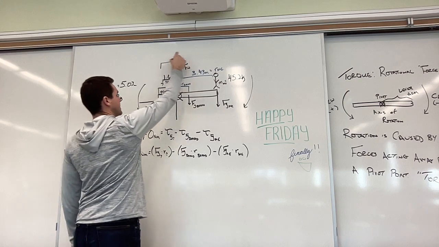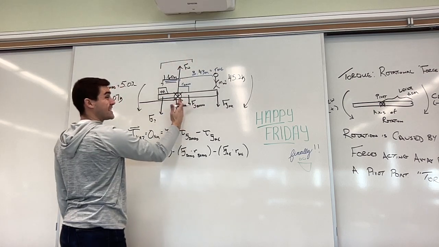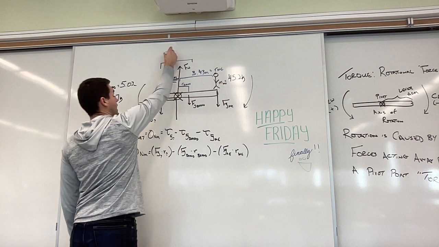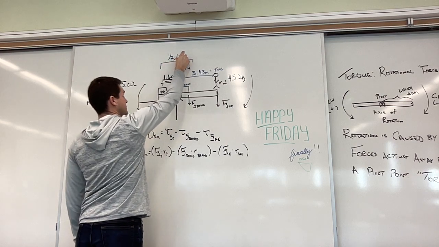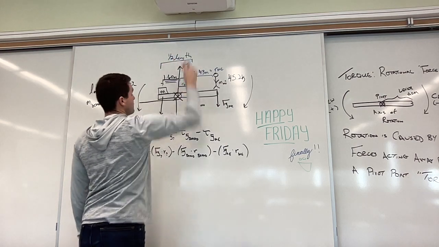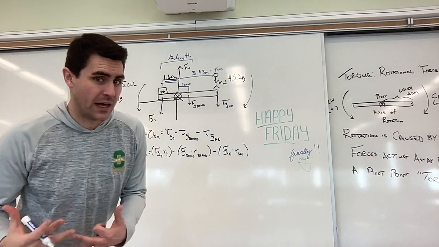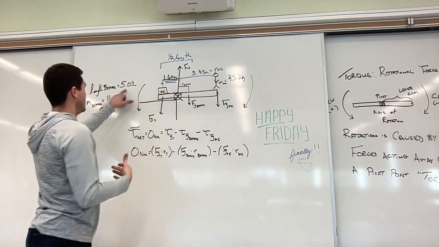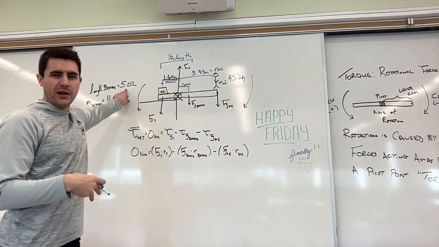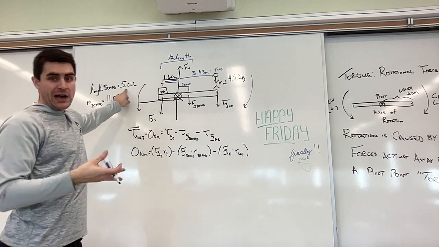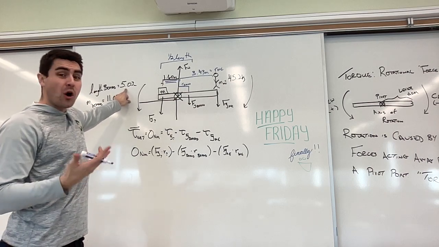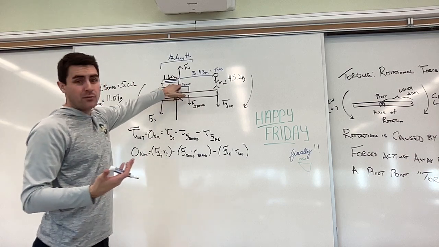I think about this side, from the center of the board, the center of mass, to the left edge as 1/2 of the length. Well, half of the length of this 5.03 is 2.515. Then part of that half length is 1.6.